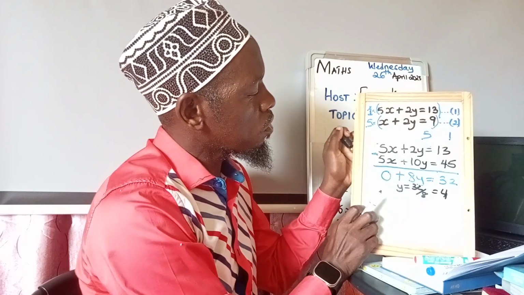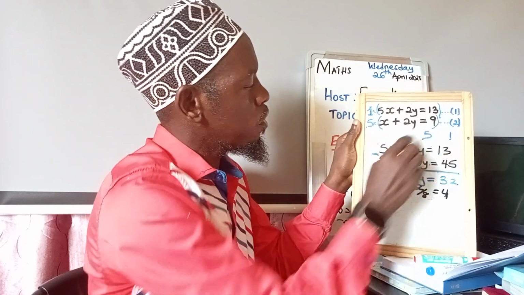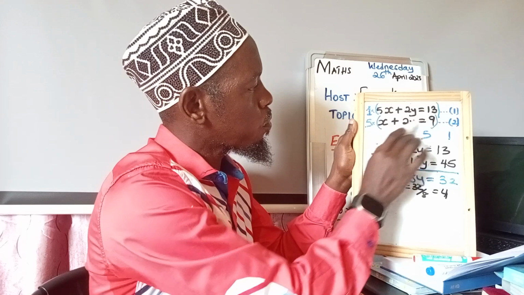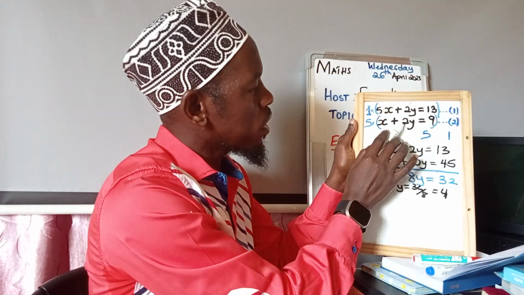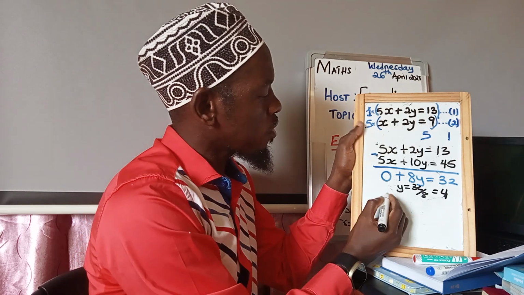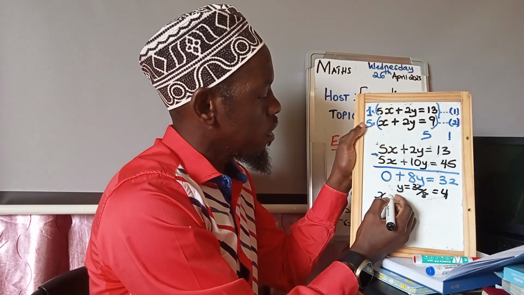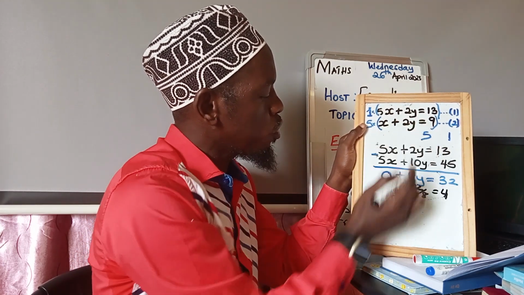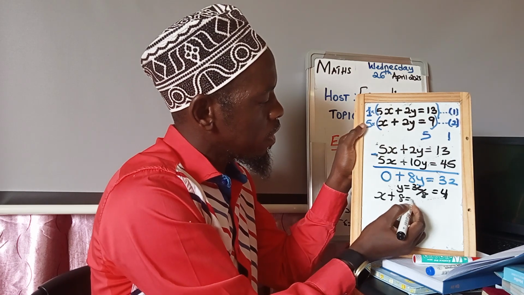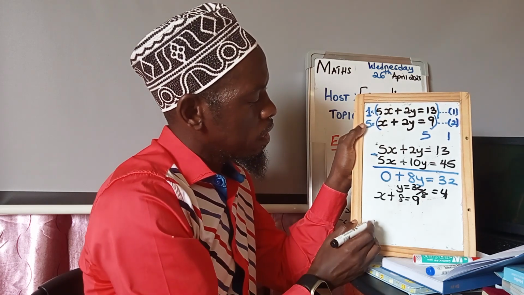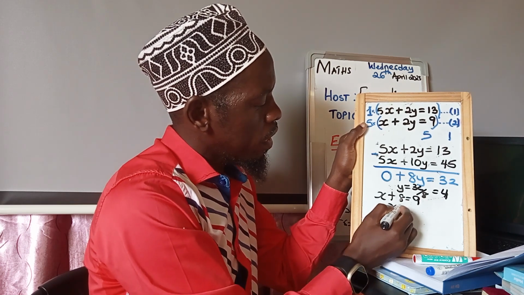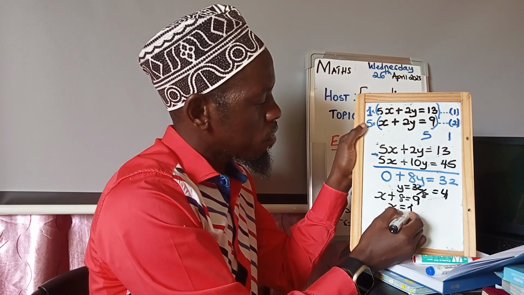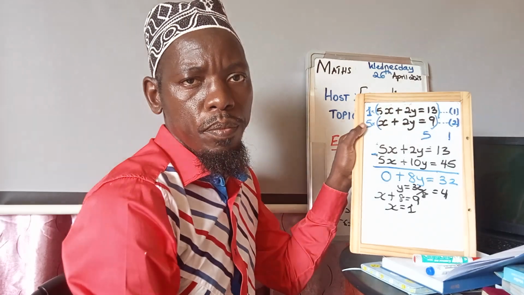Use any of the equations as well. So I use the second one, x plus 2y equals 9. Because y is 4, I put it there. 2 times 4 gives us 8. So x plus 8 equals 9. So to get x, we subtract 8 from there, and our x becomes 1.